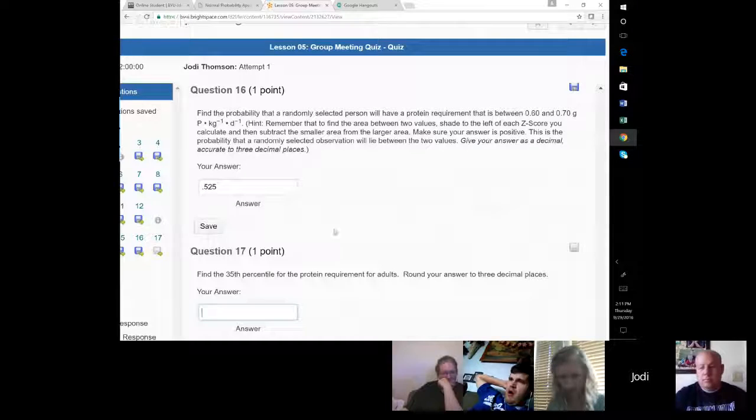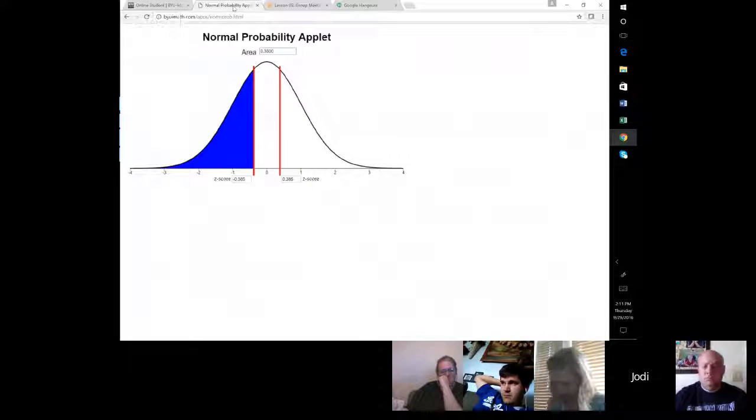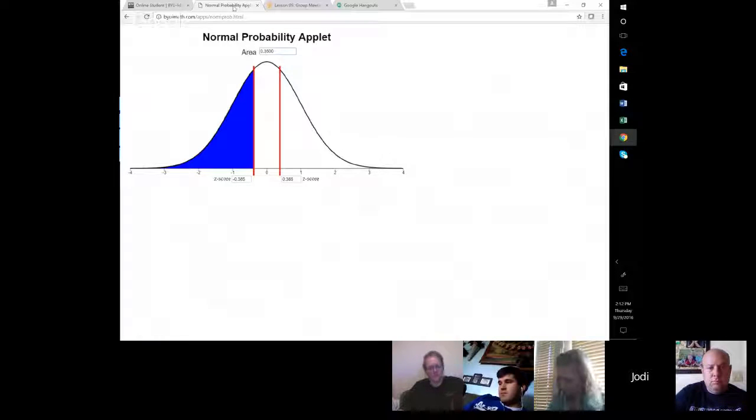Like how many grams? Is that what they're asking? Yeah. So the z-score is negative 0.385. We would be solving for x, right? Yeah, x bar. So it would be the x bar minus the 0.65, which is our mean, divided by our standard deviation of 0.07. Is that right?